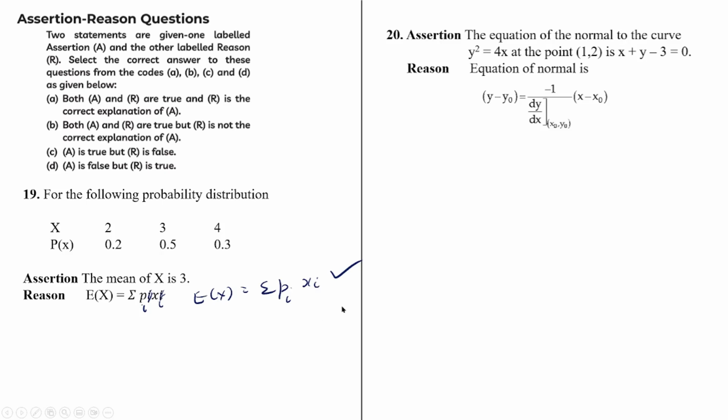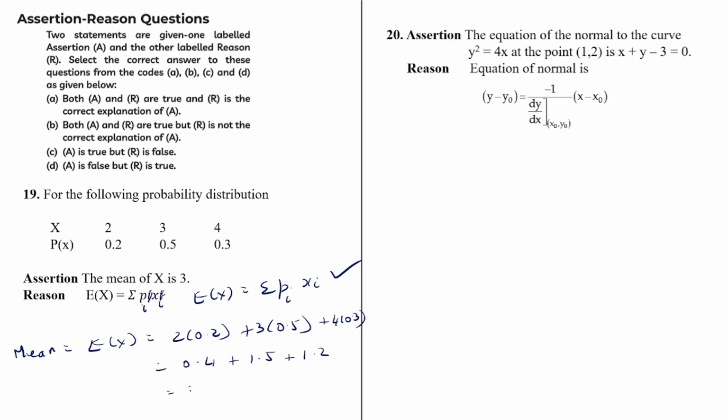Sigma Pi Xi. So for this, let us find expectation of X. Mean is equal to expectation of X, which is 2 into 0.2 plus 3 into 0.5 plus 4 into 0.3. So this is 0.4 plus 1.5 plus 1.2.